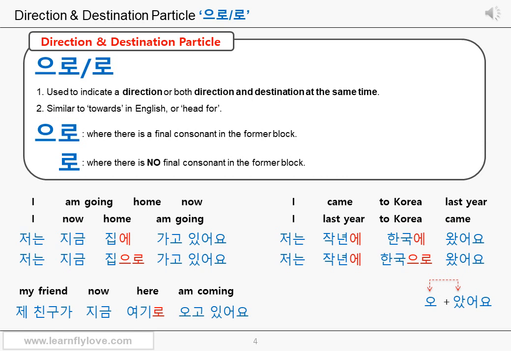My friend, 제 친구가, now, 지금, here, 여기로, am coming, 오고 있어요. 제 친구가 지금 여기로 오고 있어요. The direction and destination particle 으로, 로 goes very well with this sentence because it can provide a nuance that my friend set his direction and is heading for this place.